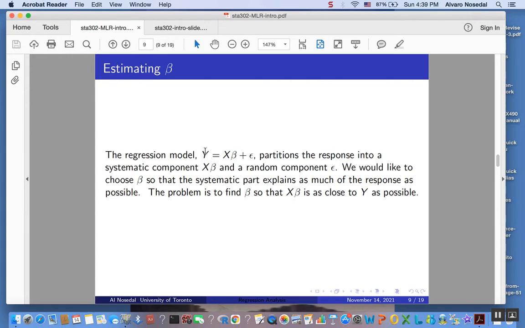Y, this uppercase Y, represents a vector, not just a single observation. In our example, Y is going to be a 12 by 1 vector. So the dimensions of X, 12 by 3, dimensions of beta, 3 by 1, and the random fluctuations, an error vector, 12 by 1.